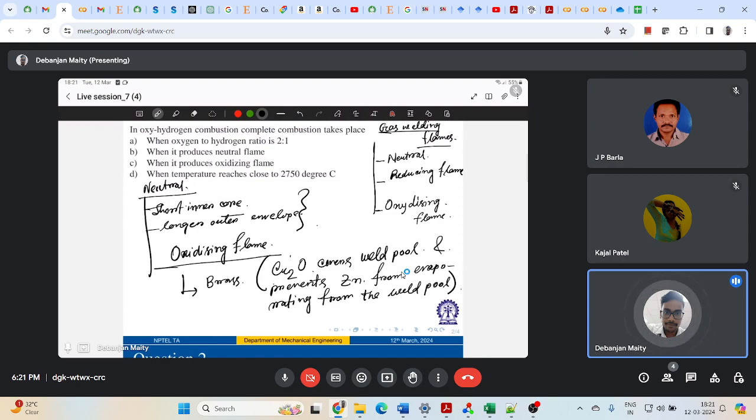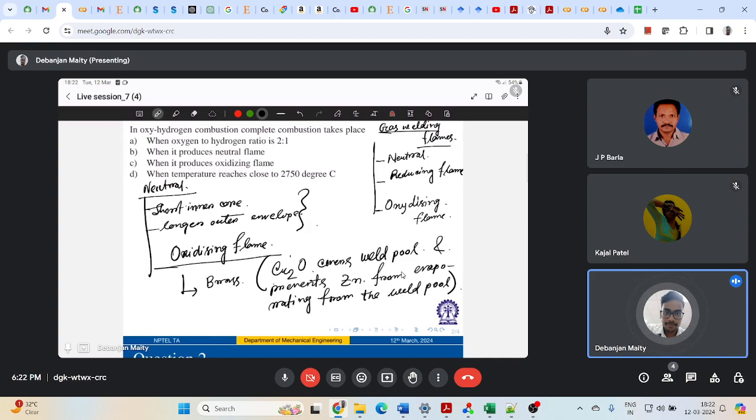Now, I'm not going into the detail of this welding setup all over again, which I already explained in my earlier lecture, right? So we had those oxygen cylinder, acetylene cylinder, we had those valves, we had those gas hose pipes through which gas will be flowing. Then you will have some mixing chamber where you will mix those two gases at some specific ratio, and then you'll have those welding torch, right?